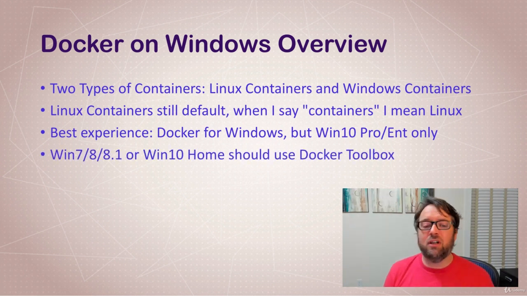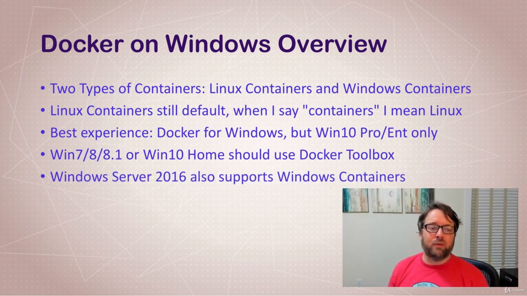In those cases, you're going to use the Docker Toolbox, which was the only option we had until a year ago. So it's still a great option. It's still updated. It's still supported. It's just not going to have all the nice, cool features that Docker for Windows has because Windows 10 has new innovations in it using Hyper-V that we just don't get in those old versions, unfortunately, of Windows.